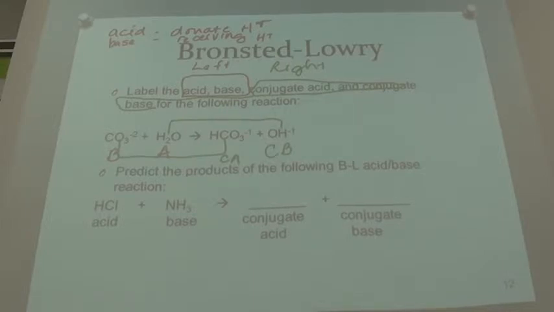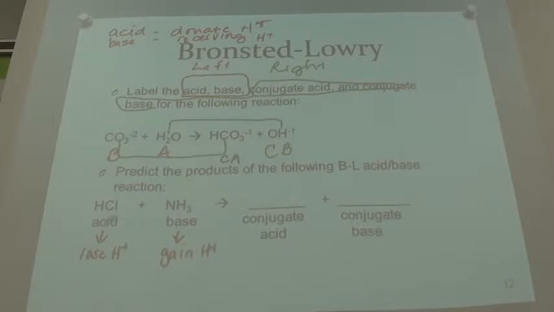In the second example, they tell you the acid and the base, and you have to figure out what the products are on the other side. Just as a refresher and a reminder, what does this need to do, gain or lose a proton, a hydrogen ion? It needs to lose a hydrogen ion, while this needs to gain a hydrogen ion.